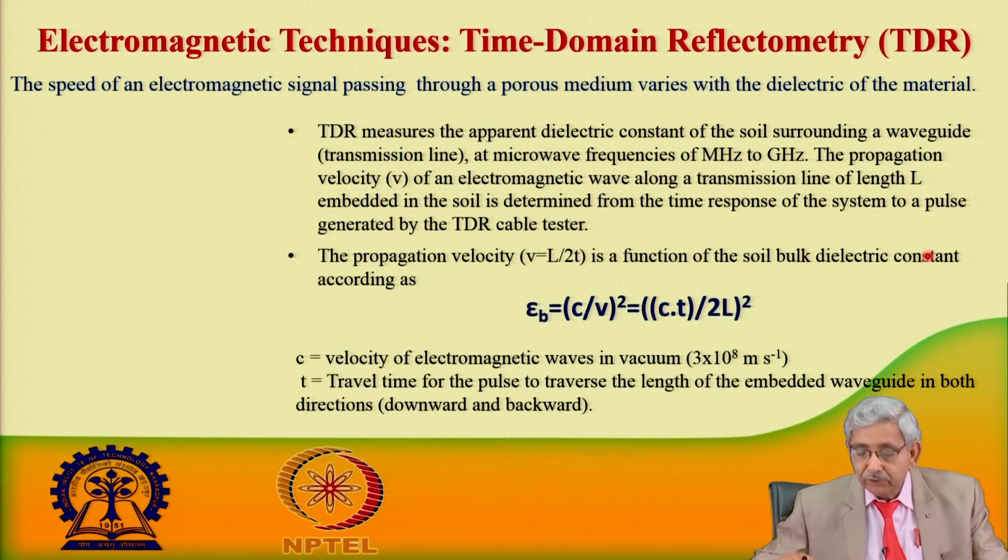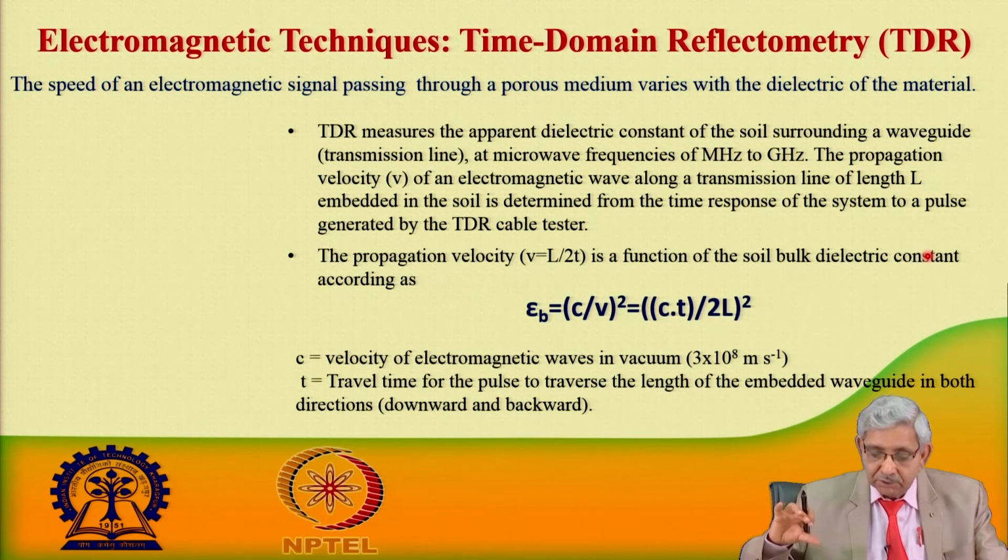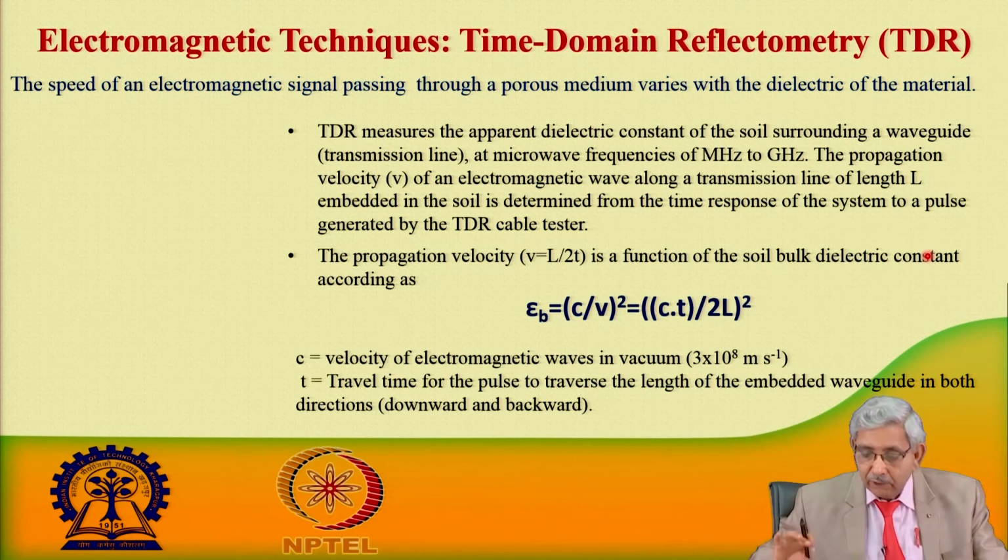At microwave frequencies, measured in megahertz or gigahertz, the propagation velocity depends on the length of the electrodes and the time it takes.